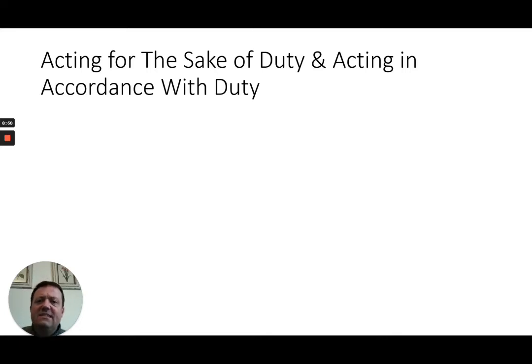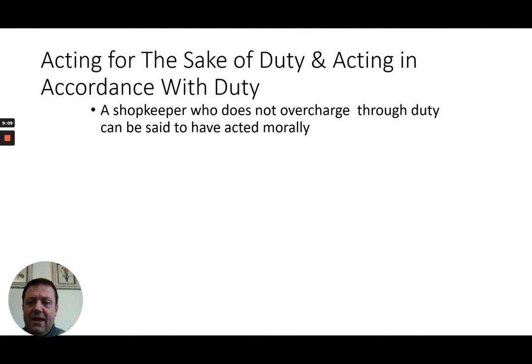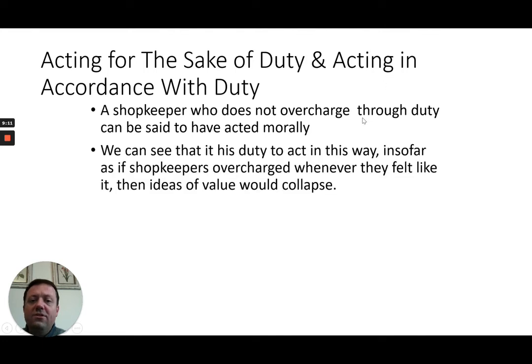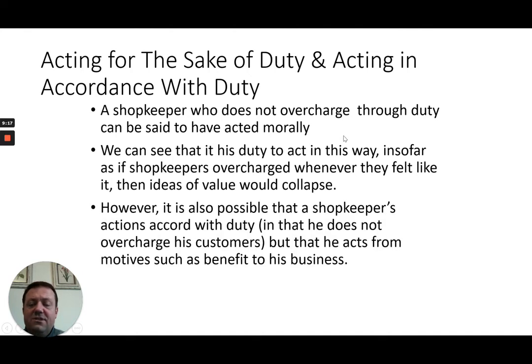Now, Kant distinguishes between acting for the sake of duty and acting in accordance with duty. What he's trying to do here is to show the distinction that is brought about by people's different intentions. And he imagines two shopkeepers. One does not overcharge his customers through duty, and the other doesn't overcharge his customers because he wants to keep them.